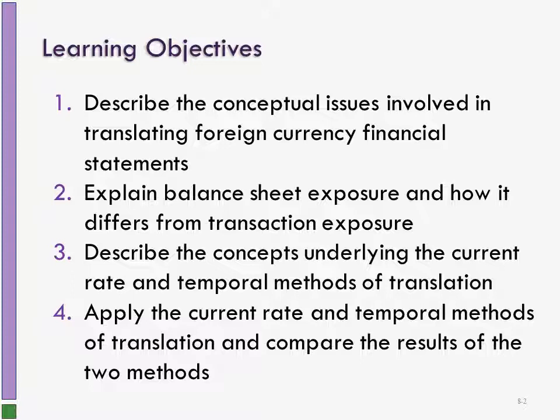Then we have to explain balance sheet exposure and how it differs from transaction exposure. Third, describe the concepts underlying the current rate and temporal methods of translation. Fourth, apply the current rate and temporal methods of translation and compare the results of the two methods. So we have four learning objectives, and later we are going to explain them in more detail.